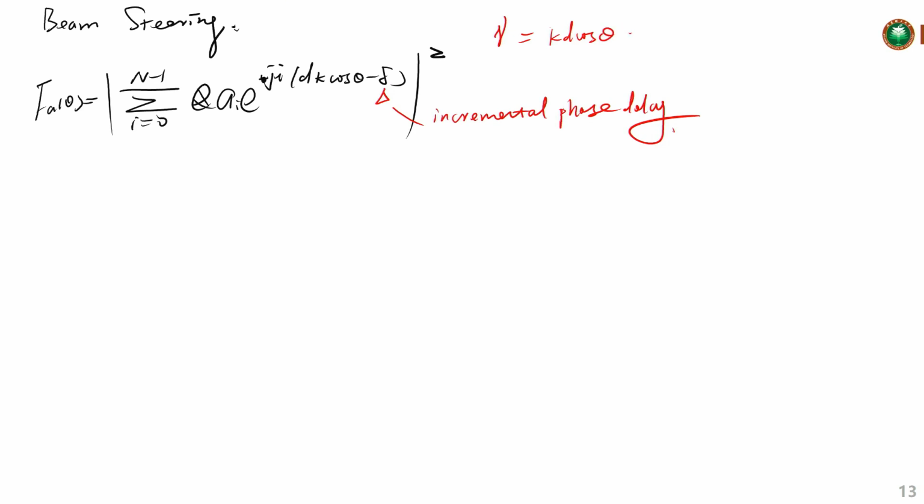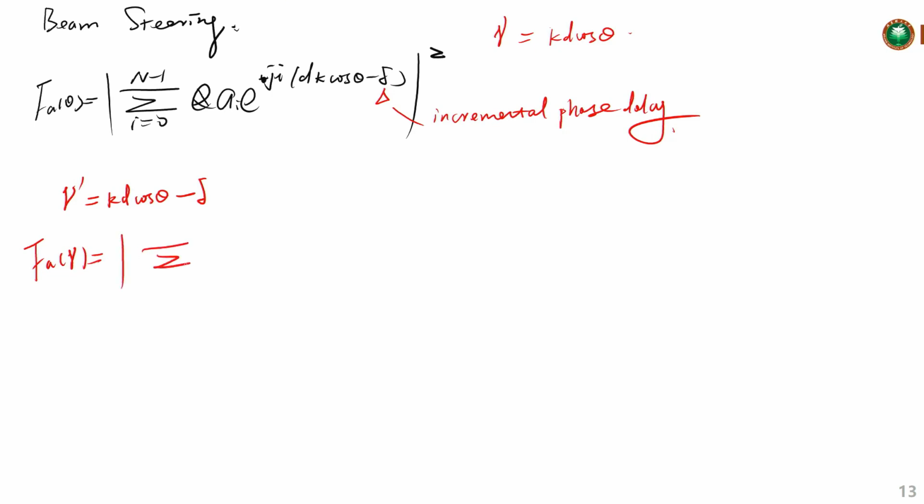What we want to do now is express another term, gamma prime, to express k d cosine theta minus delta. So now the AF becomes a function of gamma prime again.